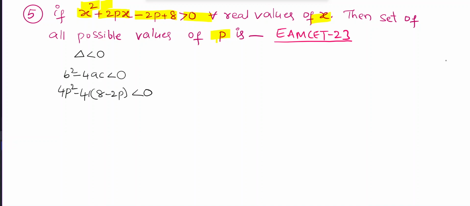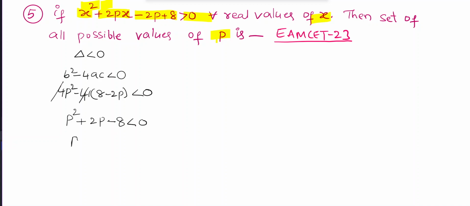So take 4 common and cancel. From this, p square plus 2p minus 8 less than 0. So the factors for this: 4 into 2 is 8, that is 4 minus 2.